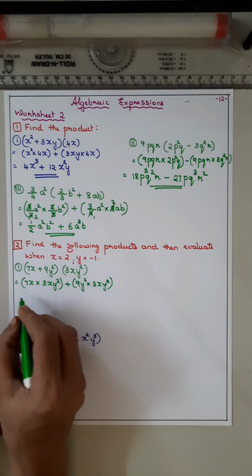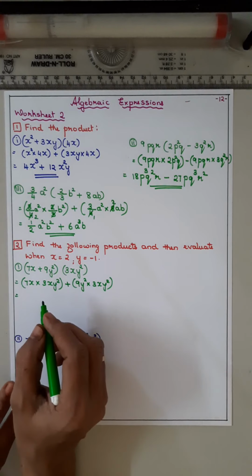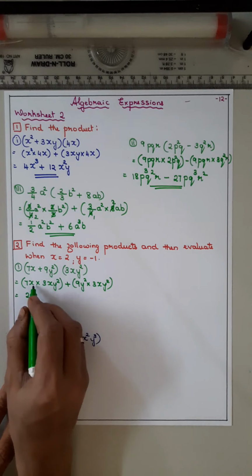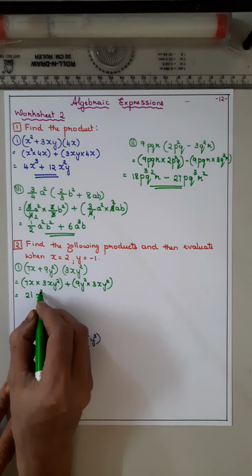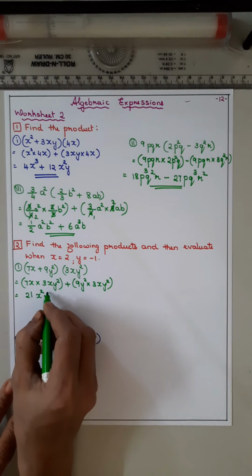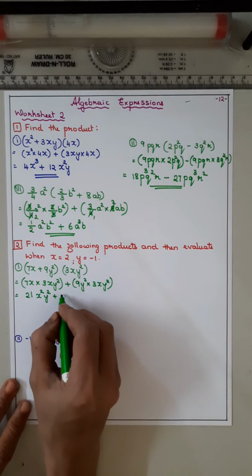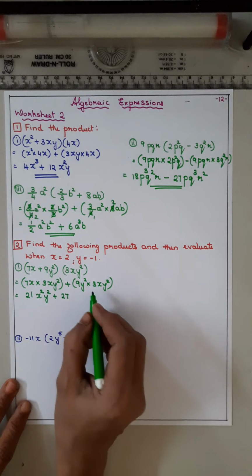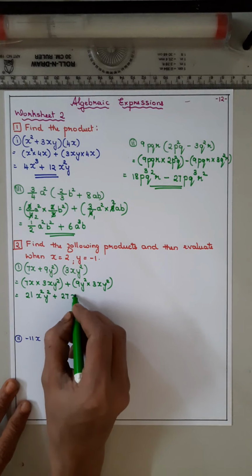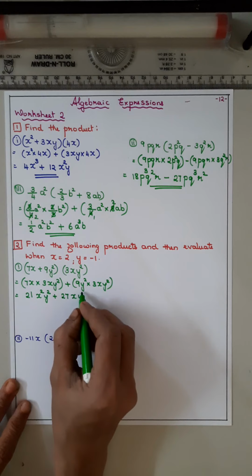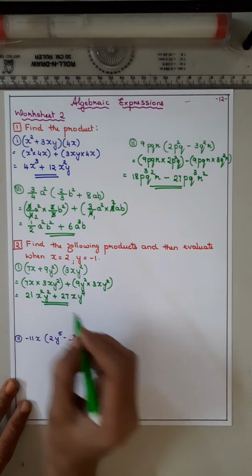You have to put the brackets, that will be easy for you. 7 3s are 21, x and x squared, then it is y squared, plus 9 3s are 27 and here x and then y squared, that is y to the power 4.